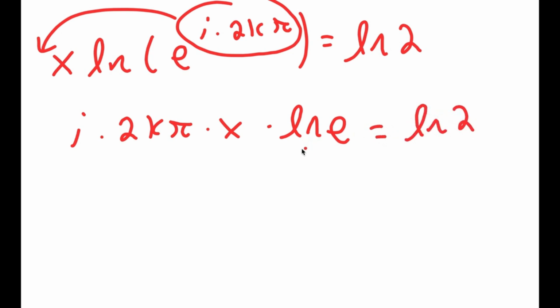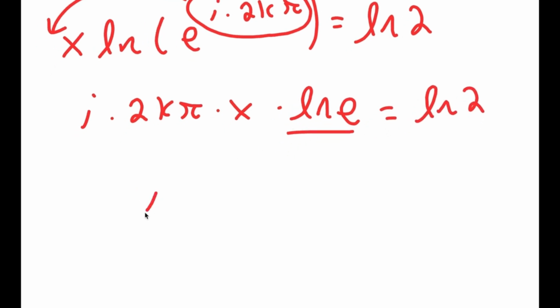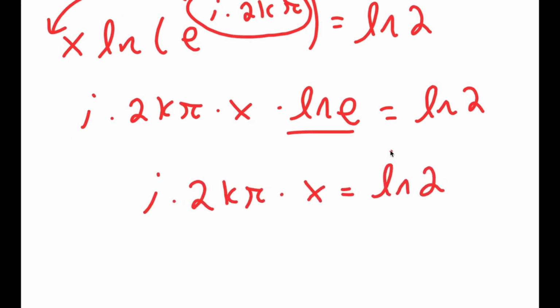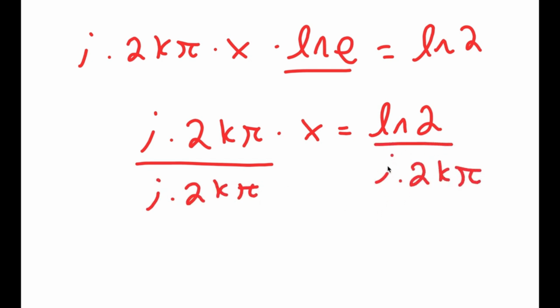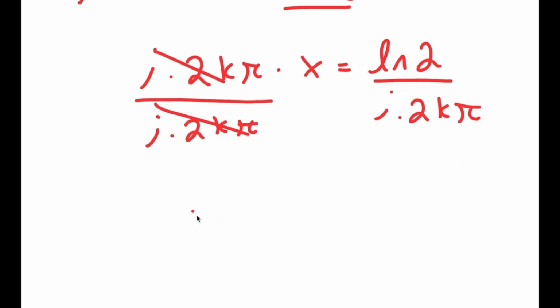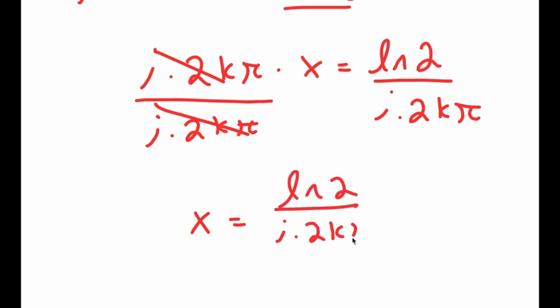And if you guys already know, ln of e is simply equal to 1. So now I get i times 2k pi times x is equal to ln of 2. Now if I divide both sides by i times 2k pi, these two cancel out, and I get x is equal to ln 2 over i times 2k pi.